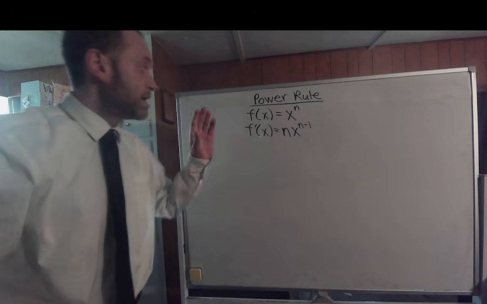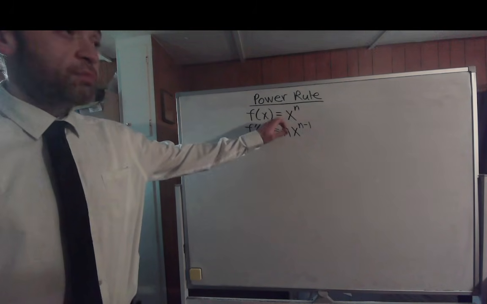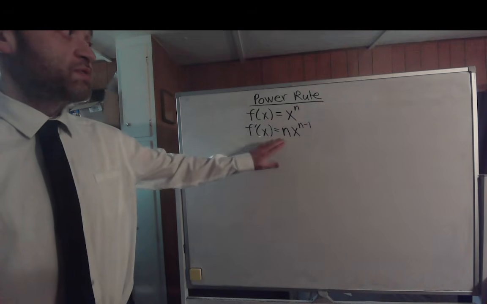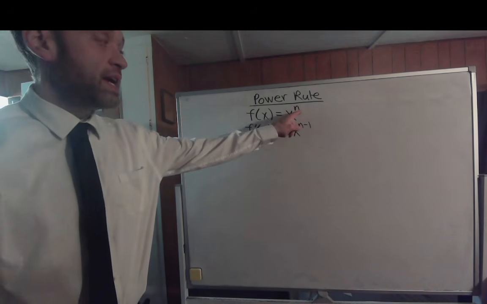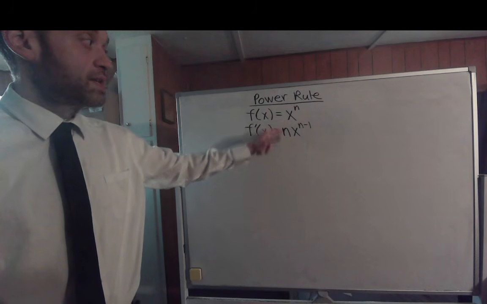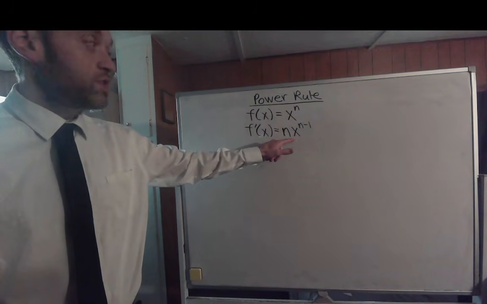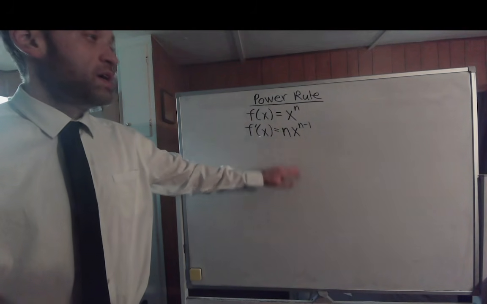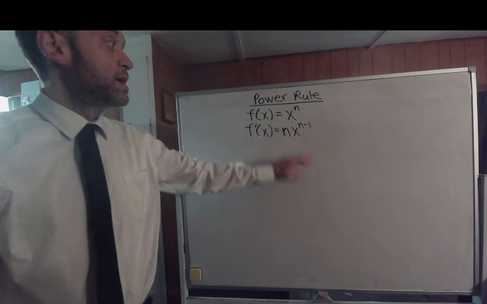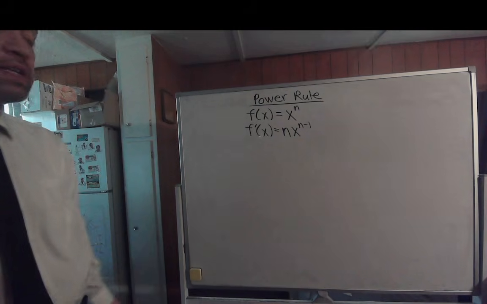So if you have x to some n power for your function f of x, to find the derivative, you'll take that n power, bring it down in front of your x, multiply it by the coefficient on x, and then you'll take your x and lower it by 1 degree. That's all the power rule states.